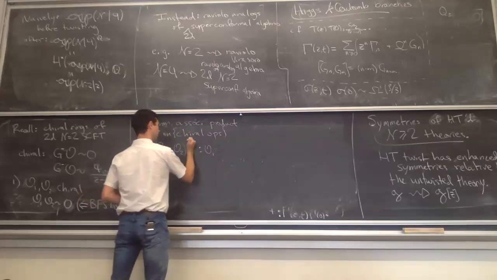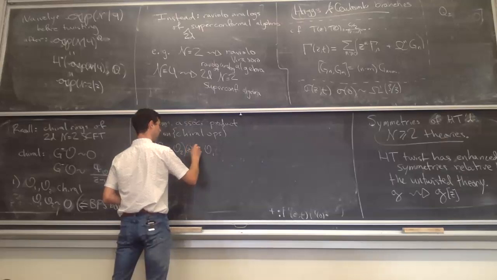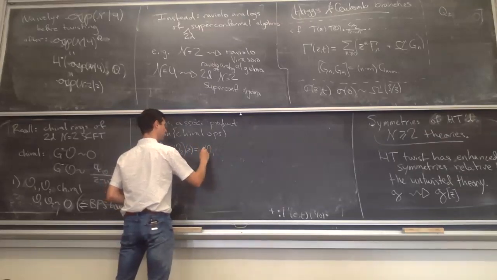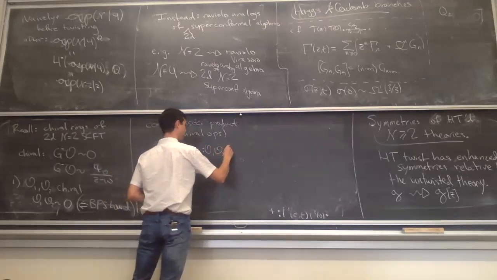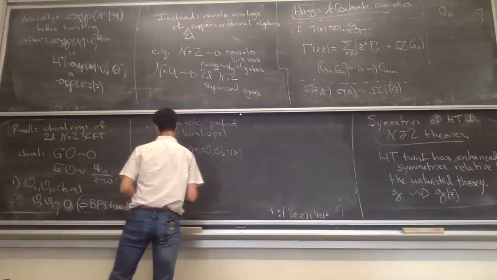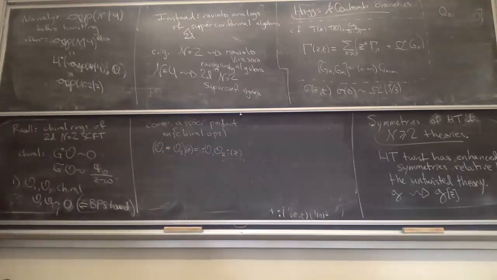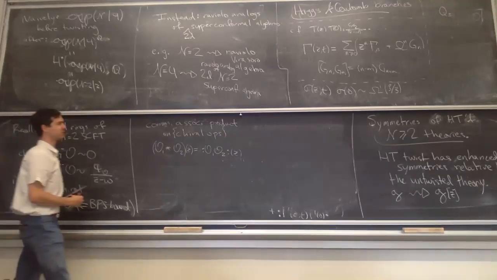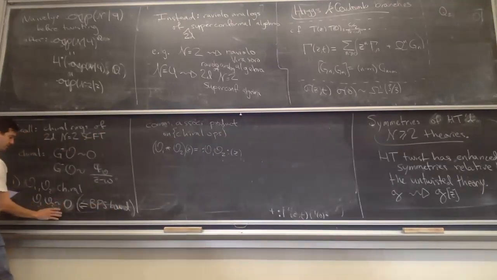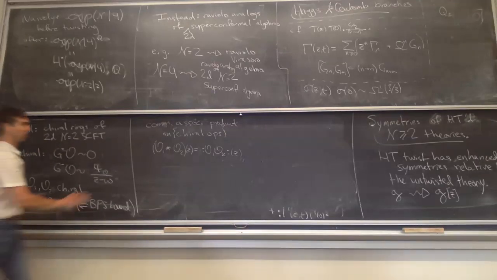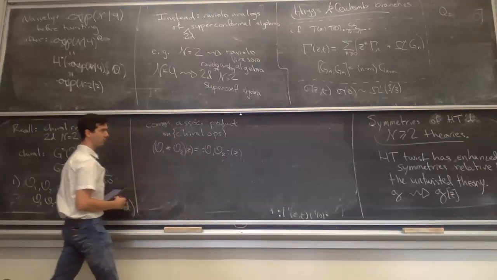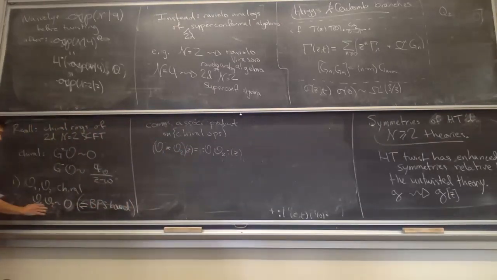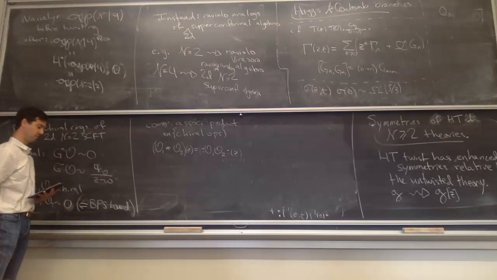So it seems like silly notation, but it's just the normal ordered product of O1 and O2 evaluated at that point z. And this is commutative and associative because of this regularity of the operator product expansion. In general, normal ordered products are very far from commutative or associative, but if the operators have regular operator product expansions, then the resulting normal ordered product is in fact commutative and associative.